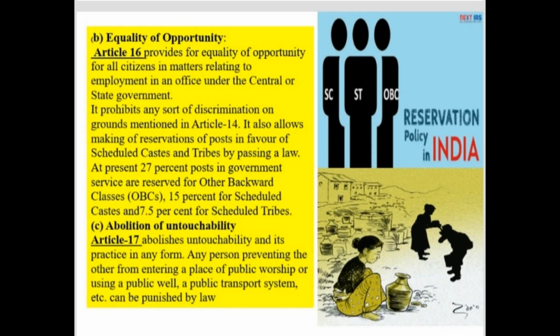In this connection, OBCs were given 27% reservation, 15% for scheduled castes, and 7.5% for scheduled tribes. Even now, recently, economically backward sections were also given certain reservations by our government. So this is about Article 16, which gives equality of opportunity and also ensures equality of opportunity for the backward communities by providing certain reservations.